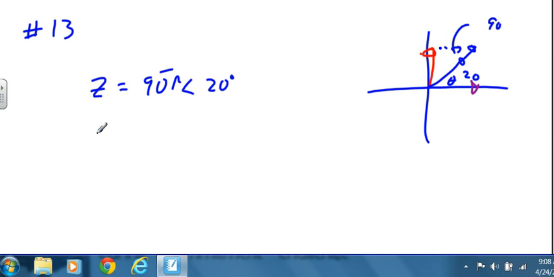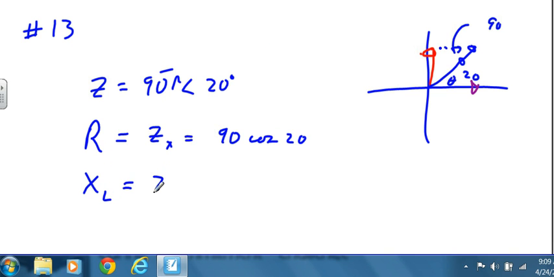So the resistance is the x component of Z, that'd be 90 cosine 20. And the reactance is the y component of Z, so that'd be 90 sine 20.